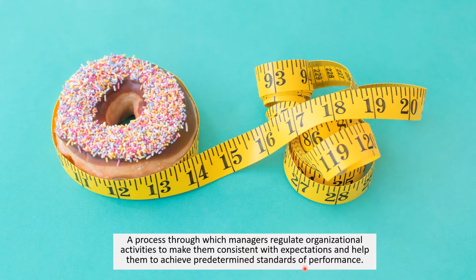Let's say that you want to produce donuts. You already set the standard of how the donut is going to be, how it's going to taste, the appearance of the donut, how big you want the donut to be. So when you instruct your employees to bake the donut, you want to make sure that they will do it according to whatever you have in mind, whatever you want to sell.